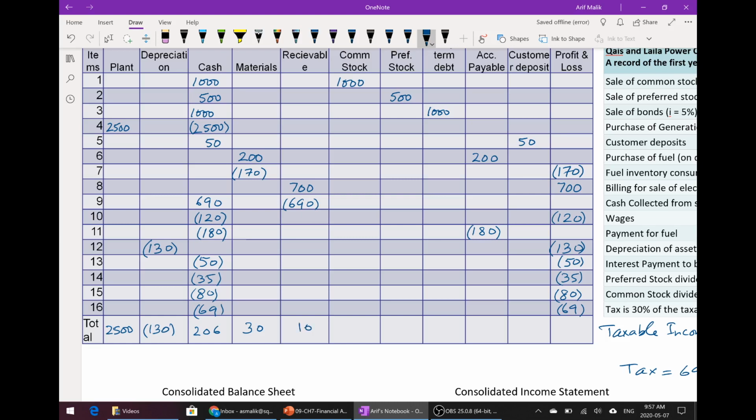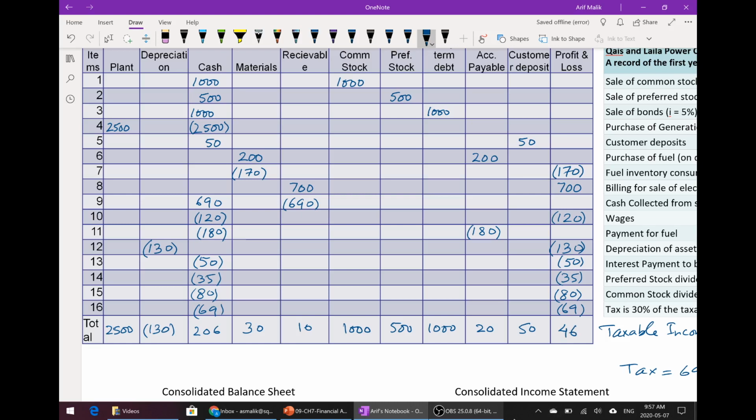Now this is the other side. Common stock is 1000, preferred stock is 500, then long-term debt is 1000, and then we have account payable is 20, and then customer deposit is 50, and this profit and loss or retained earnings coming is 46.